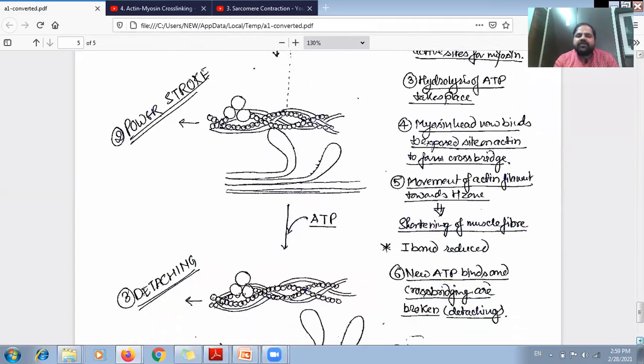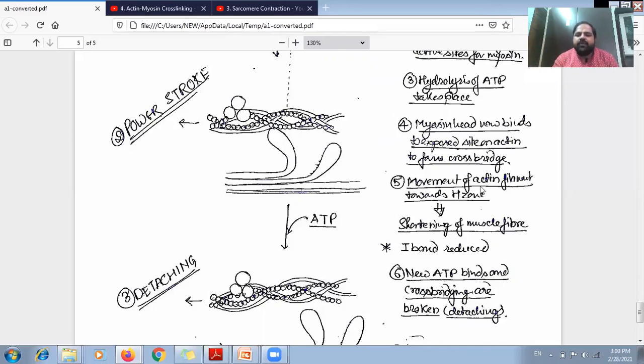Now what happens next? The movement of actin filament takes place towards the H zone. This one is the actin. At regular intervals, troponin is present. When the troponin is removed by the reaction of calcium, the active site will be exposed. Then the head of the myosin will get adhered to this actin, and it will help in the pulling of the Z zone towards the center.